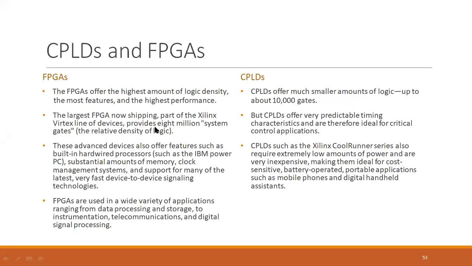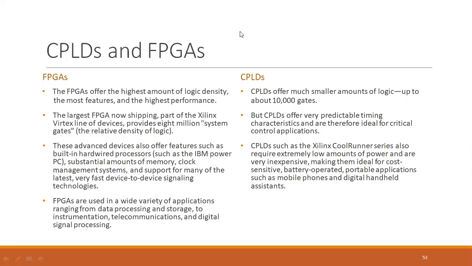That is, you are fabricating 8 million logic gates onto an FPGA. CPLDs, however, offer very predictable timing characteristics and are therefore ideal for critical control applications. But in the case of the FPGA, you can have a maximum of 8 million gates nowadays with the Xilinx Virtex line of devices.